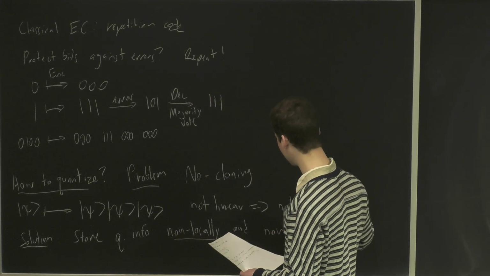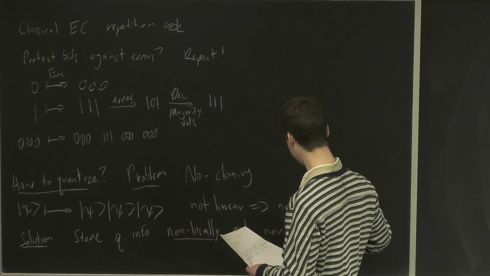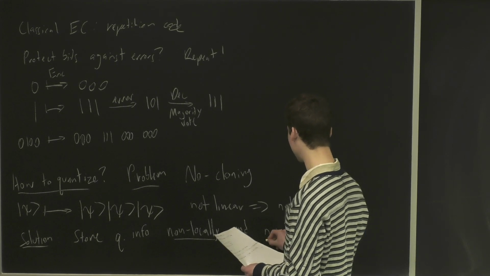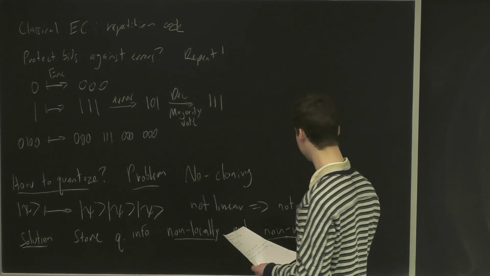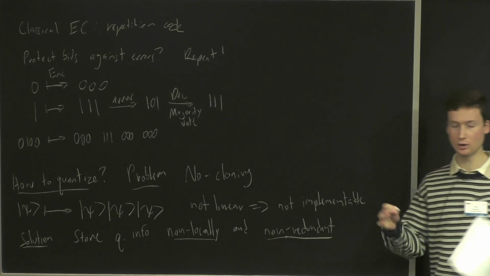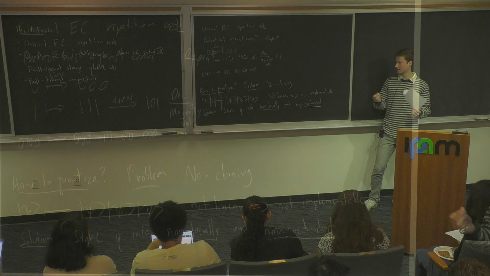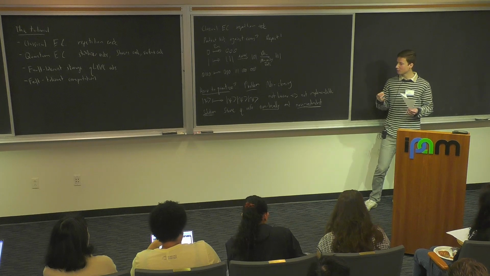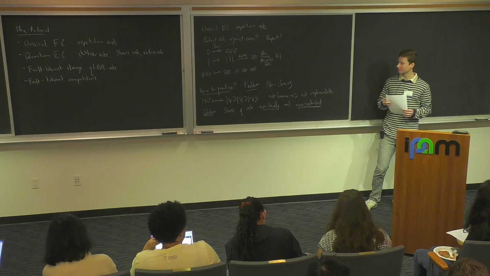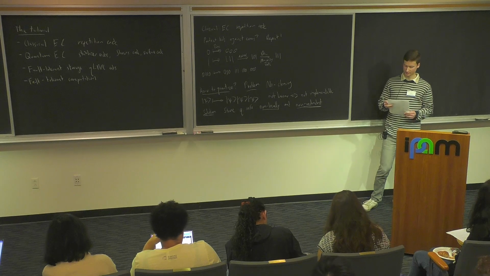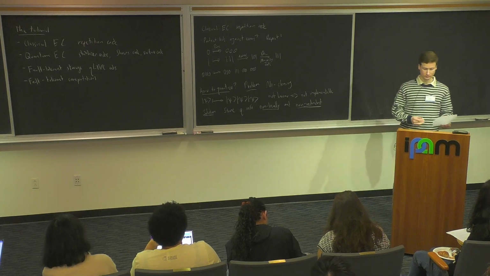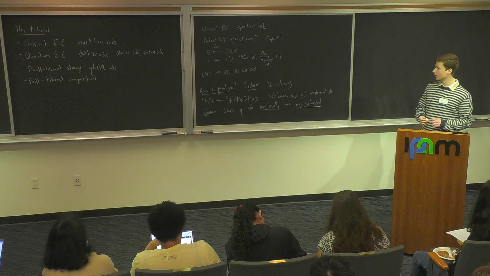So we're actually not going to repeat our information. We're just going to delocalize it throughout space. And once we delocalize it, even if any single qubit is corrupted, we'll have our information also stored across other qubits, so we can recover it from these other qubits, but somehow we still haven't duplicated our information. We've just delocalized it. So that's where we're heading.